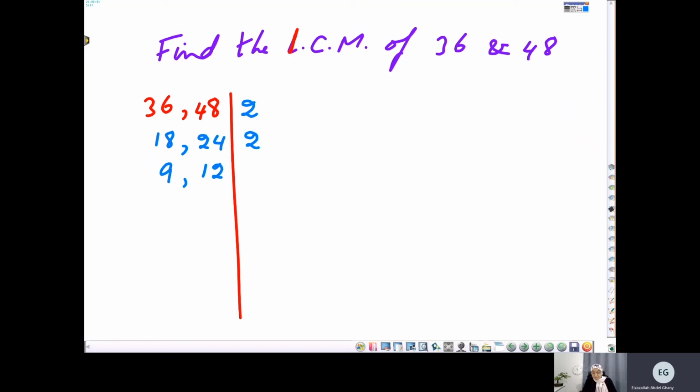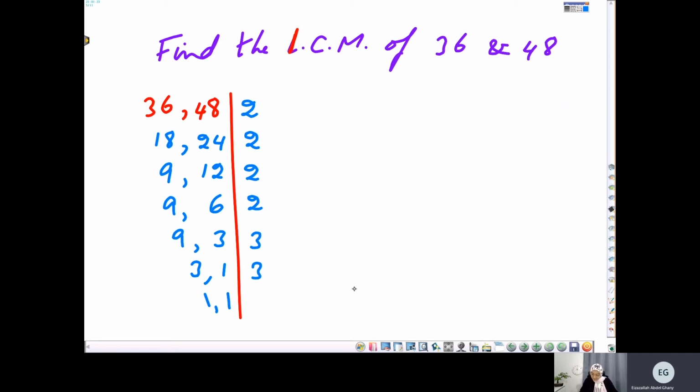May I continue divisibility by 2 also? Yes. For 12, yes. For 9, no. 9 will be postponed. 12 divided by 2 is 6. Divided by another 2, 9 is still polite and patient, waiting until her turn comes. 6 divided by 2 is 3. Now we need to divide by 3. Stop dividing by 2. You finished all even numbers. Now divide by 3. It is 3 and 1. We divide by 3. It is 1 and 1. When we finish up to 1, you are done.